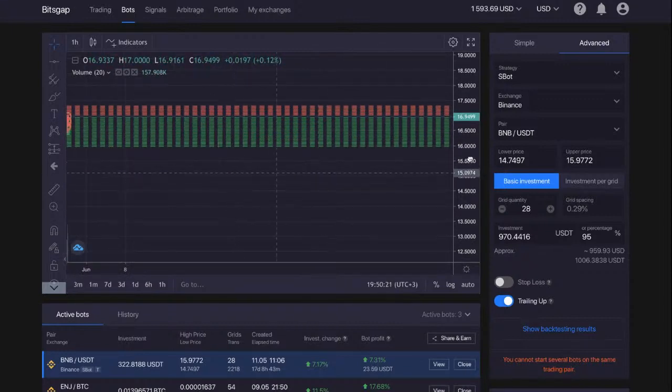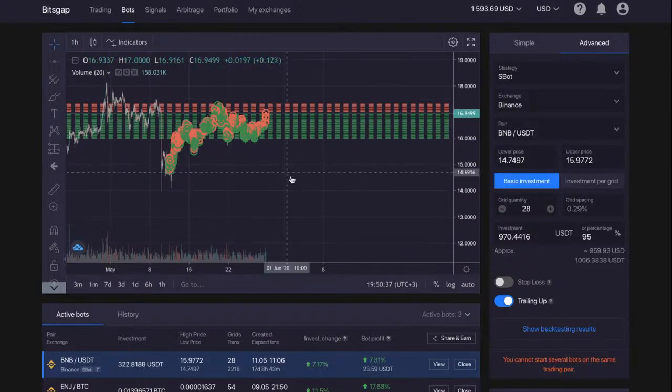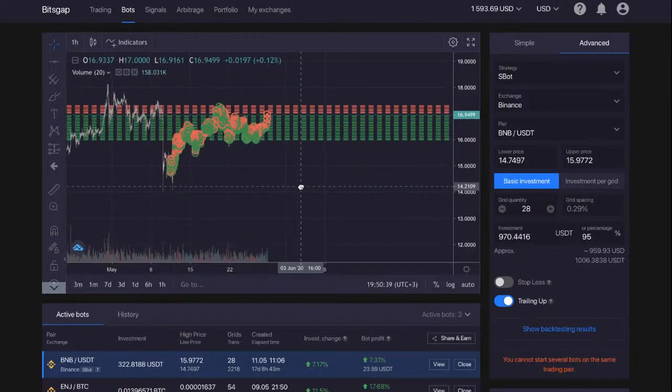That's the way of how you can participate not only in the price appreciation, not only in the value growth of your base currency, but you can accumulate the profits in the quote currency in this case. So basically you let the bot use your base currency to generate extra profits for you.